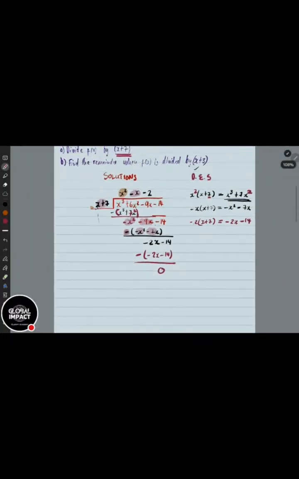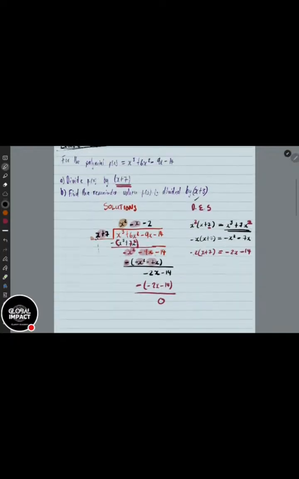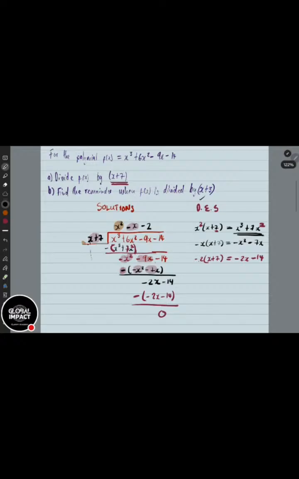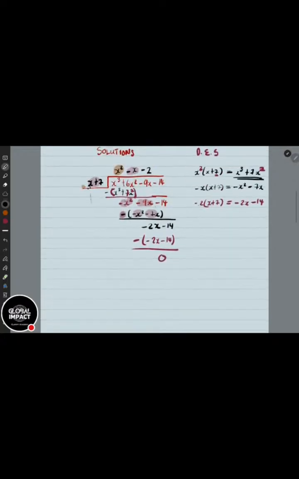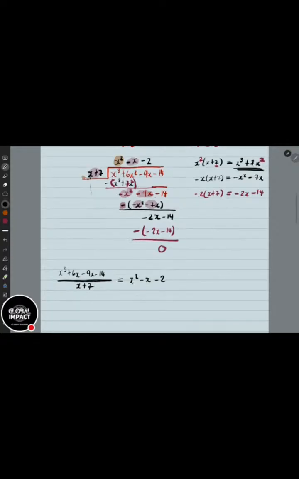You basically can say, what was it? x cubed plus 6x squared minus 9x minus 40 divided by x plus 7 will give you this answer, to just give you x squared minus x minus 2. This is going to be your final solution.